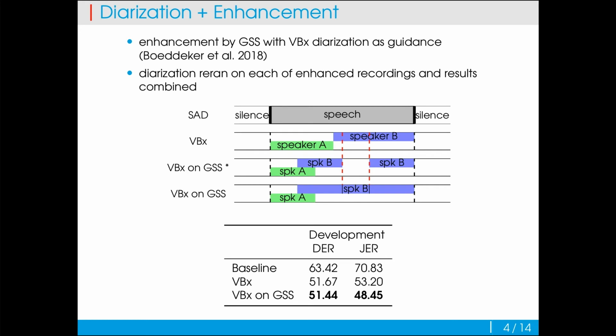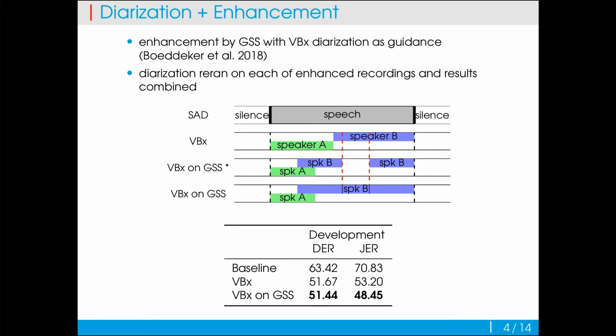So we apply GSS here, and we use the outputs of our diarization as the guidance that GSS needs. The GSS frontend enhances all of the speakers according to the diarization. So on the output of GSS, there are 4 recordings with 1 speaker enhanced in each.